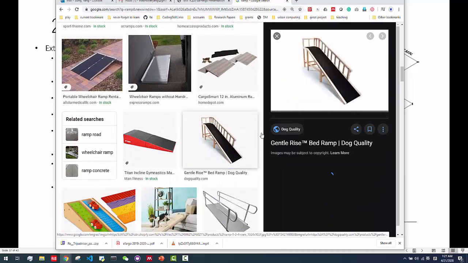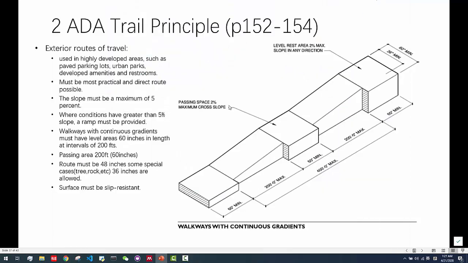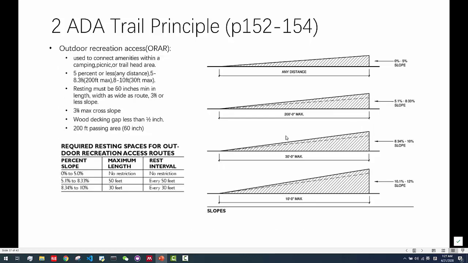And it talks about 60 inches, 200 feet, those things, and the surface must be slip resistant. So that's a rule of thumb when you do a path.